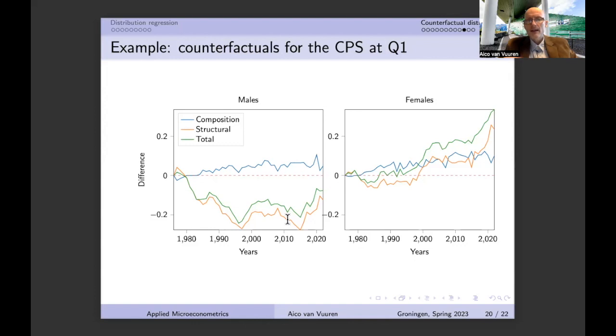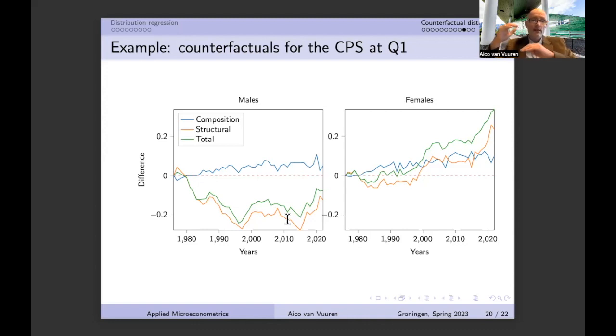And this increase in the United States doesn't come so much from the fact that people with a college degree have increased their wages, but much more from the fact that those without a college degree have decreased their wages.